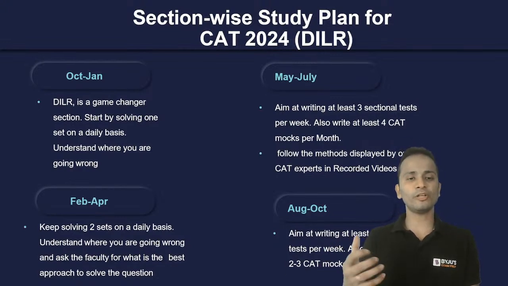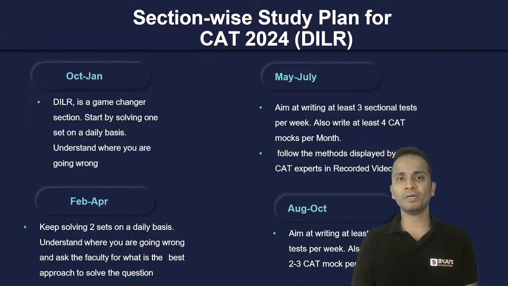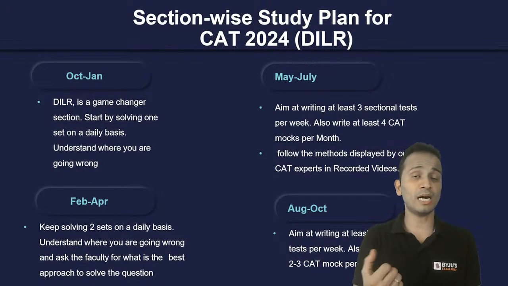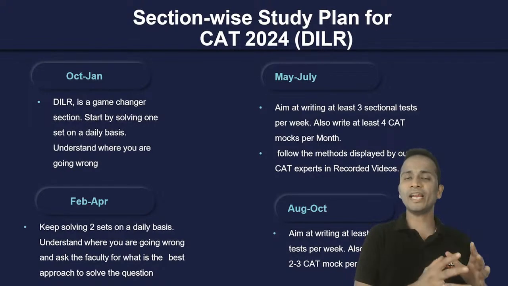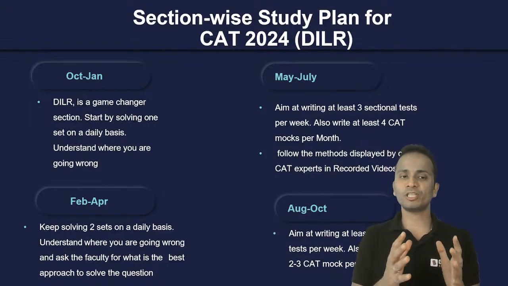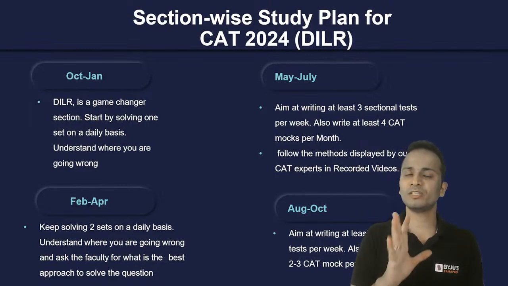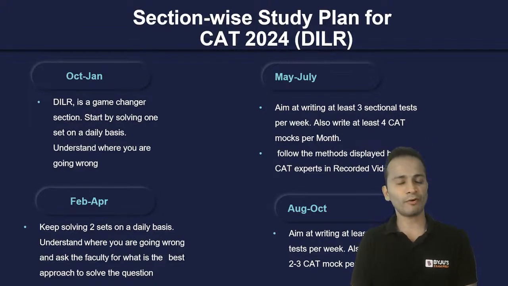So you can approach your faculty member and ask them to help you in understanding those areas, and they will be able to guide you in the best way for the approach to solve those particular types of questions, right?